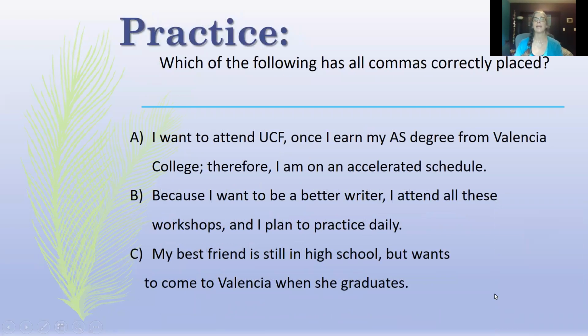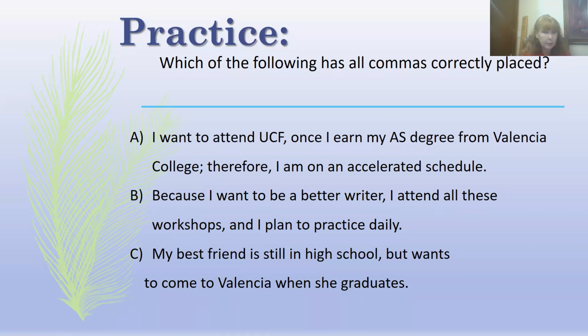All right. Which of the following has all the commas correctly placed? This one might take you a minute, but that's okay. You're rocking it. A. I want to attend UCF, once I earn my AS degree from Valencia College; therefore I am on an accelerated schedule. So that's not correctly placed.